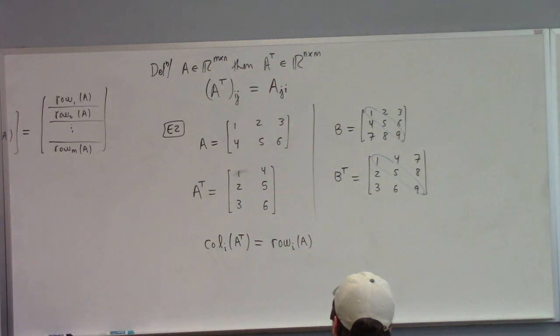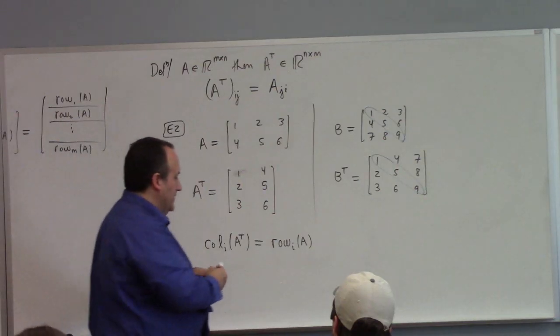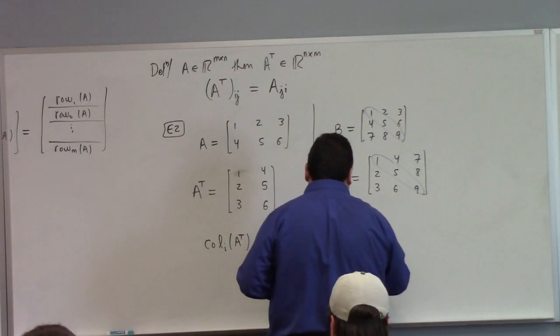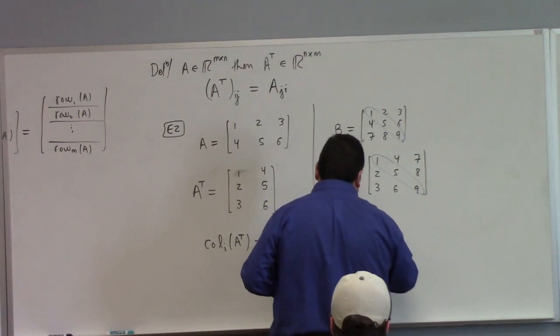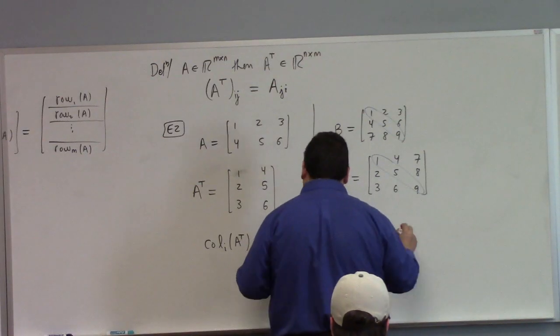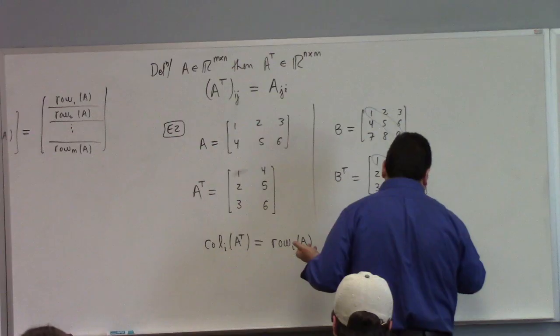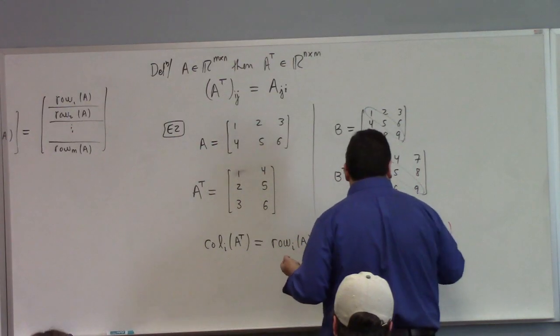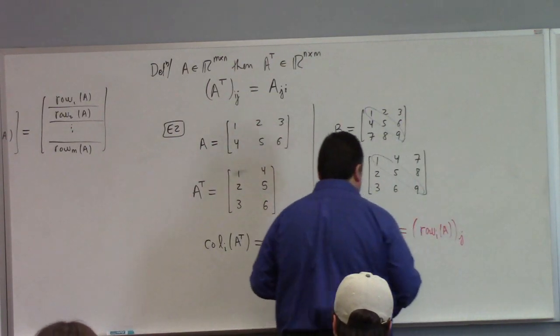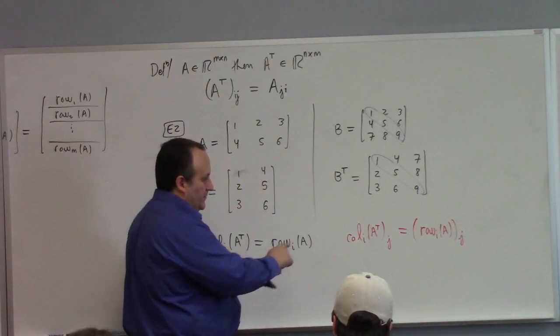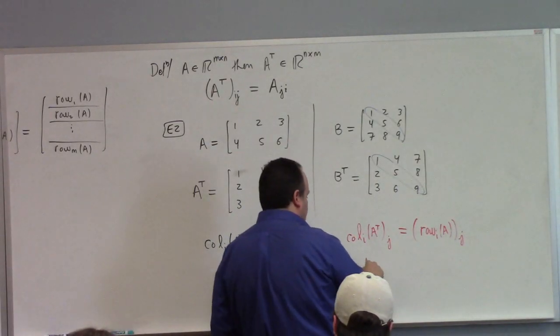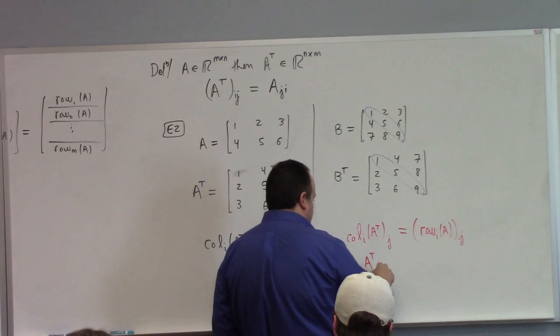These are vectors, right? So vectors just have components. To see if these are equal, we can ask, okay, so I'm looking for column i of A transpose. Like, what's the jth component of that? Is that equal to row i of A, the jth component of that? So the jth component of column i of A transpose, by definition, is (A transpose) ji.